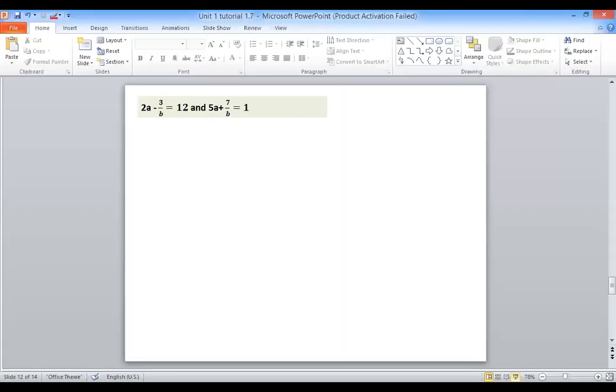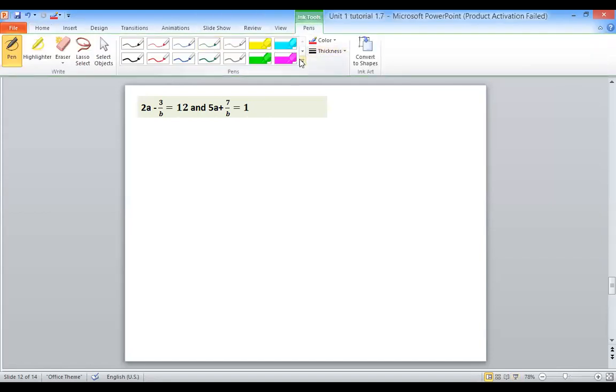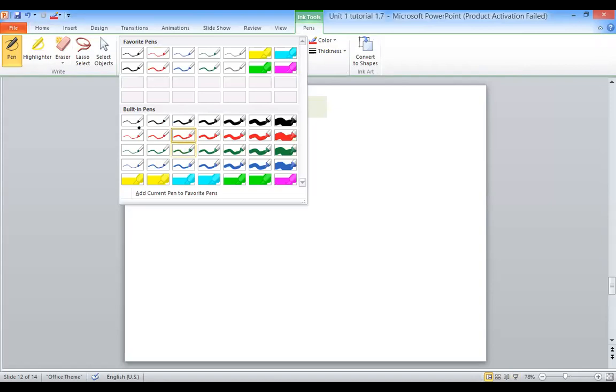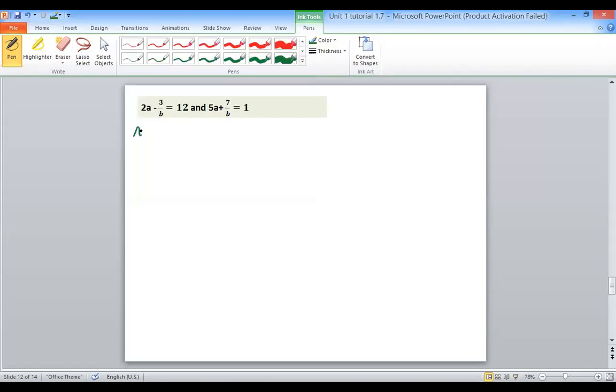So first of all, it's a very beautiful question. I suppose here, because the 1 upon b, it's not easy to make eliminate the two variable.